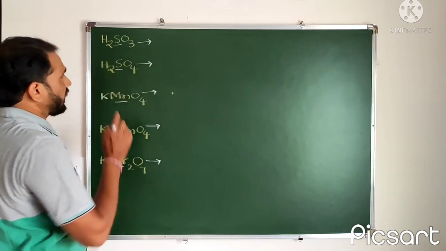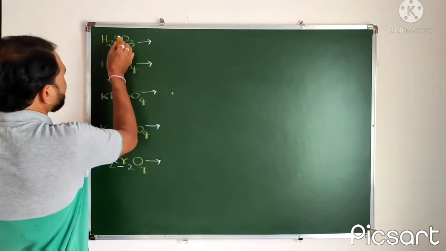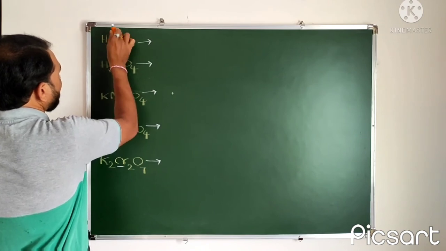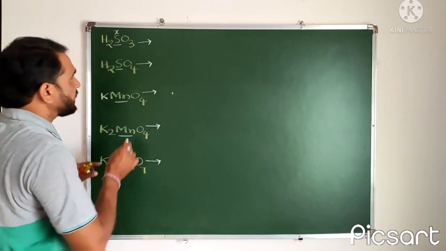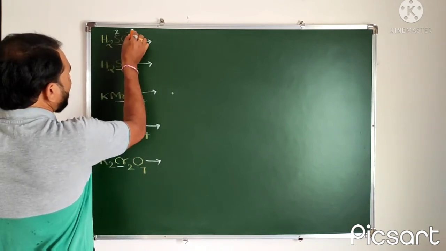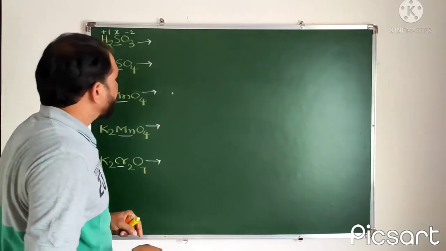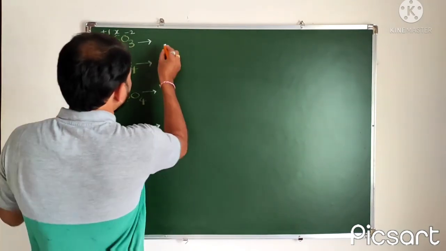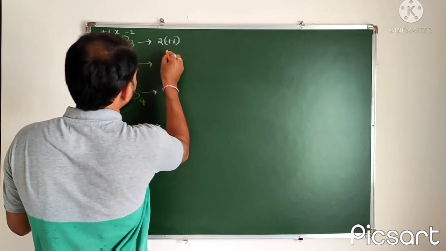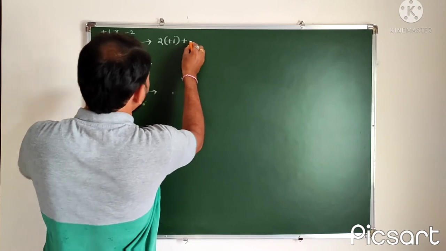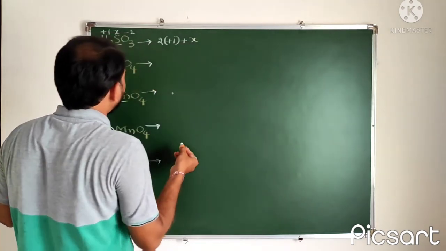Coming to the first one. So here, sulfur oxidation state is X, right? Then oxygen is -2, hydrogen is +1. Therefore, number of hydrogens 2 into its oxidation number +1, plus number of sulfur 1, its oxidation number X we need to find out.